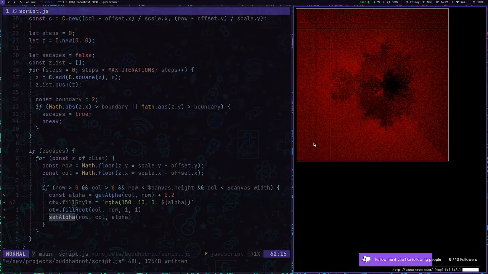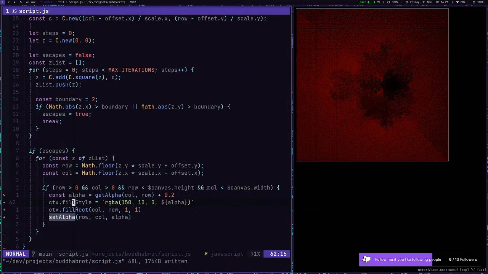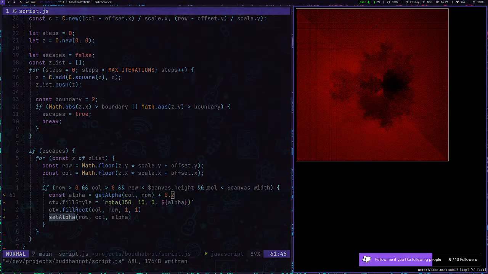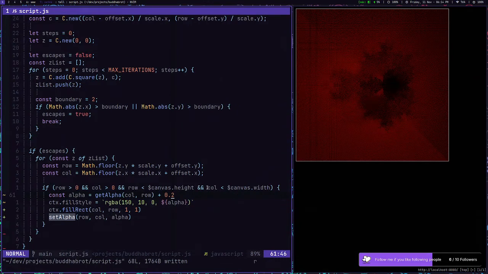There are a lot of lines and artifacts here and there, which I don't understand. Let's look into that. And two. Way too bright, actually. Let's make this 200.